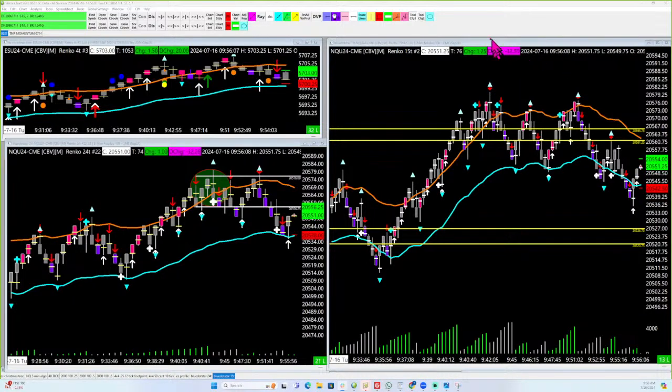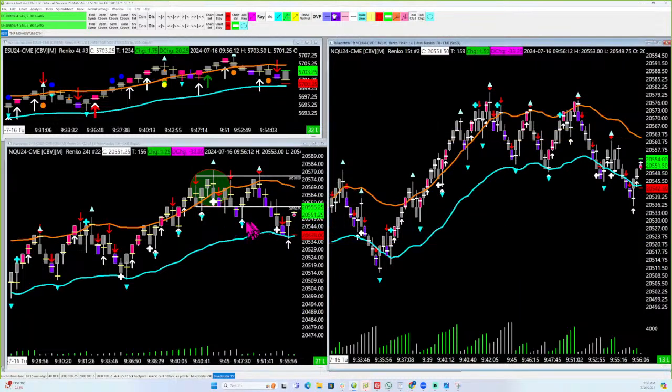Plus sign on the 24. Inverted supernova on the 24 too, so you may be looking for the short on the push back up.